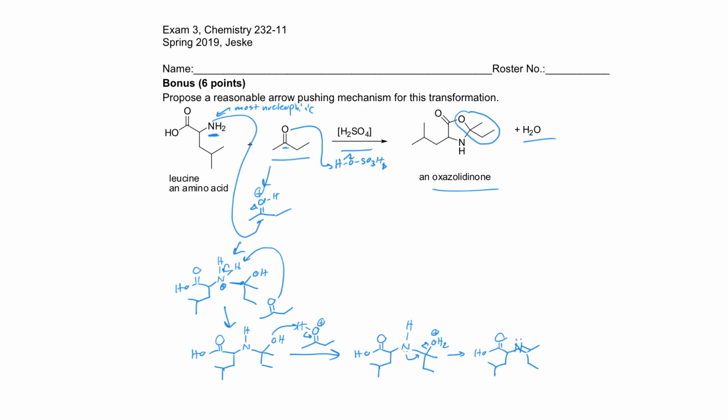And now I'm ready to make the ring. So you'll observe that this carbon here is attached to both the O and the N. Right now it's attached just to the N, but I could take this oxygen and swing it around to attack the N. And actually, I have not drawn this correctly.